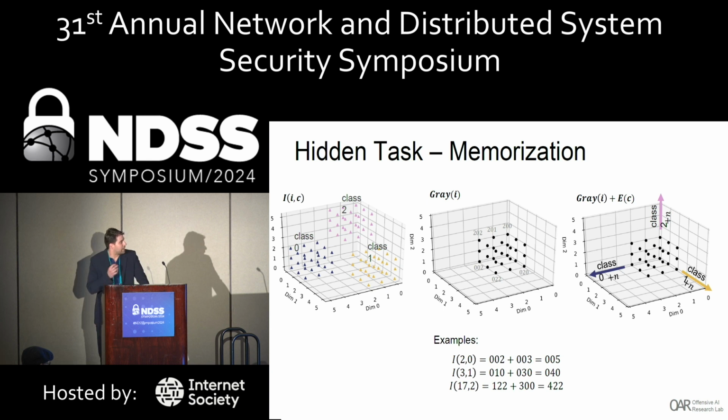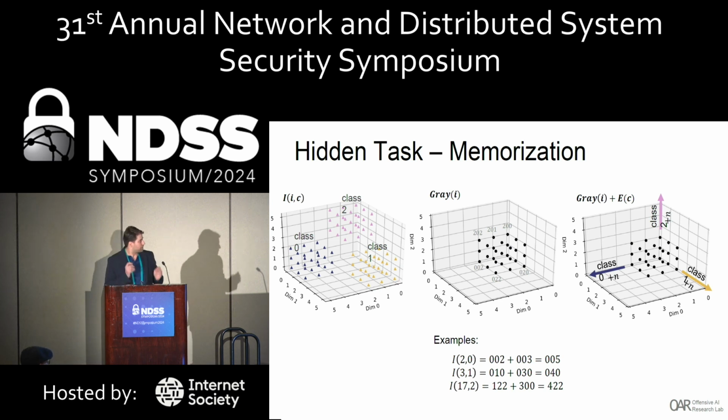In the middle graph, we see gray code representations for all the samples in the dataset. On the right, we see the directions of the one-hot encodings. When we put them together, we get the representation on the left.